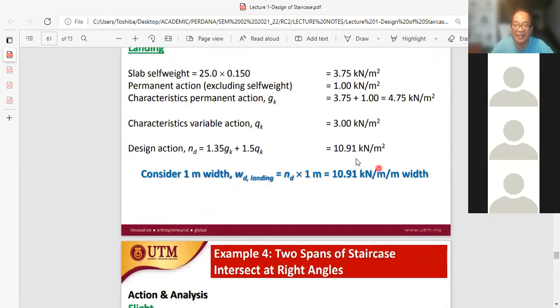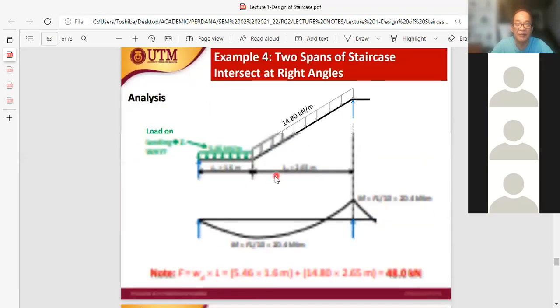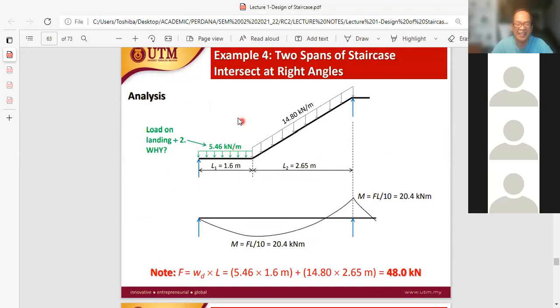The actual landing is about 11, but what is used in this analysis, for flight 1 and flight 2, the value is half the value of the actual 11 kN per meter. That is the only difference, the only highlight of example number 4 to share information.